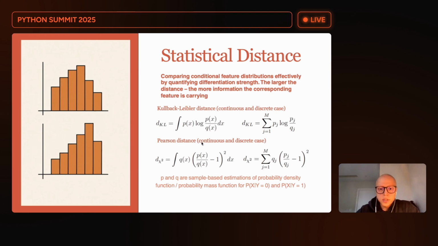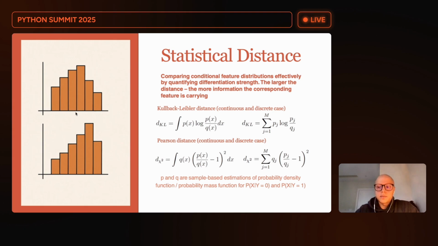So basically how that looks. When you have some sample, you can build, on the left-hand side, a couple of histograms that represent some estimations of probability density or probability mass functions. In case of the feature being a continuous one, a histogram represents some approximation to the probability density function of it.